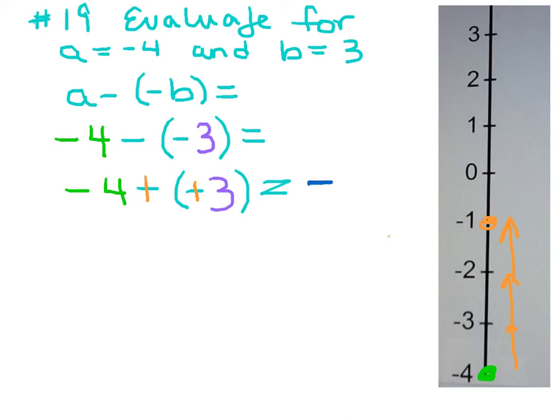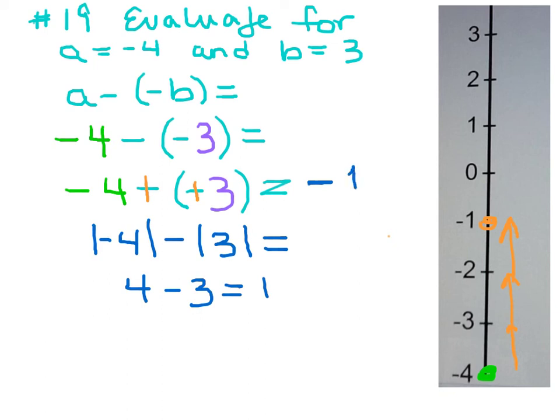And now, since the signs are different, one is negative and one is positive, I subtract their absolute values. That's going to give me the absolute value of -4 minus the absolute value of 3, which, of course, gives us 4 minus 3. And so our answer is -1. We took care of the sign way up here.